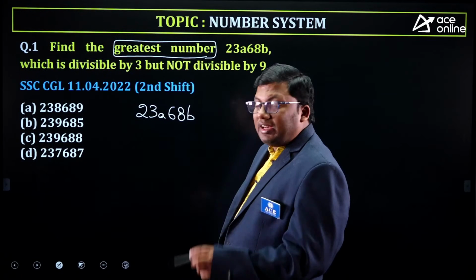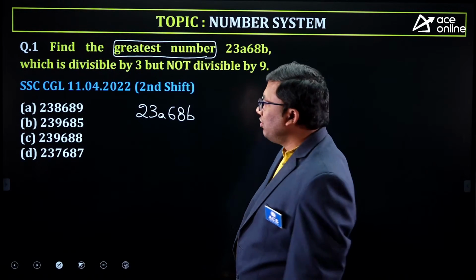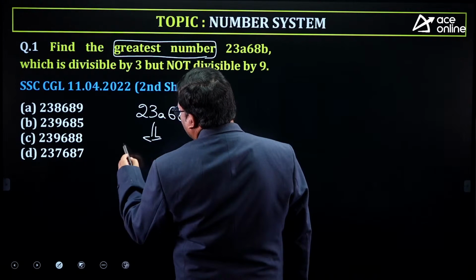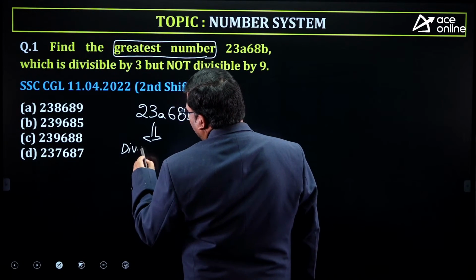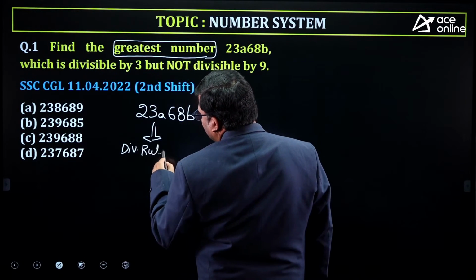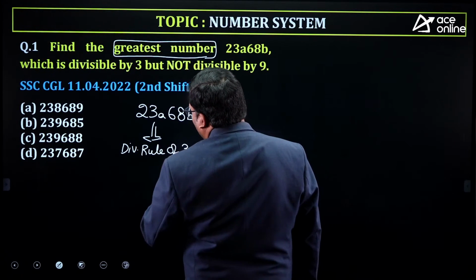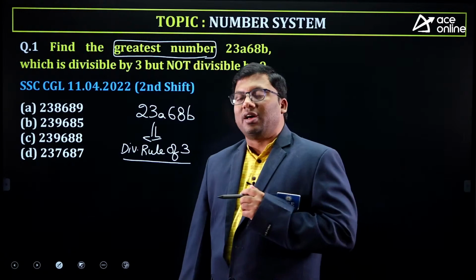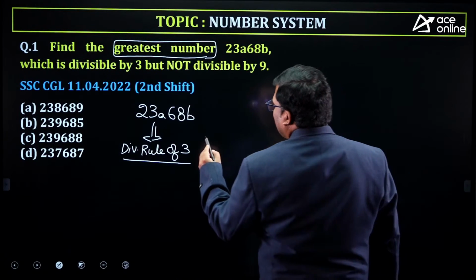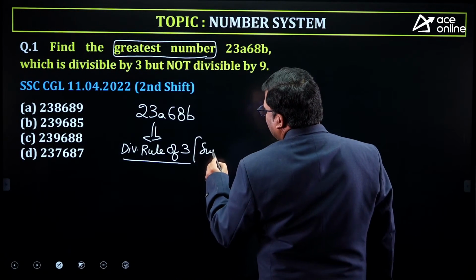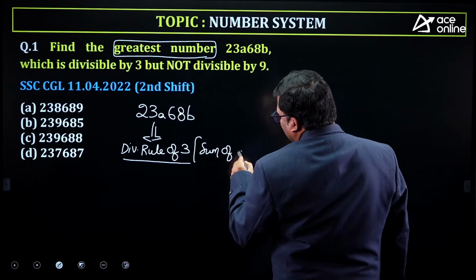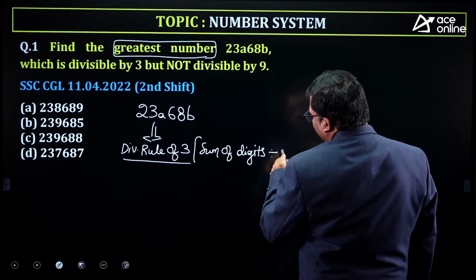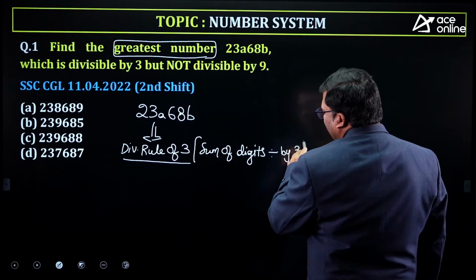But there is a condition that this number has to fulfill. The number should be divisible by 3. What is the divisibility rule of 3? The sum of the digits should be divisible by 3.